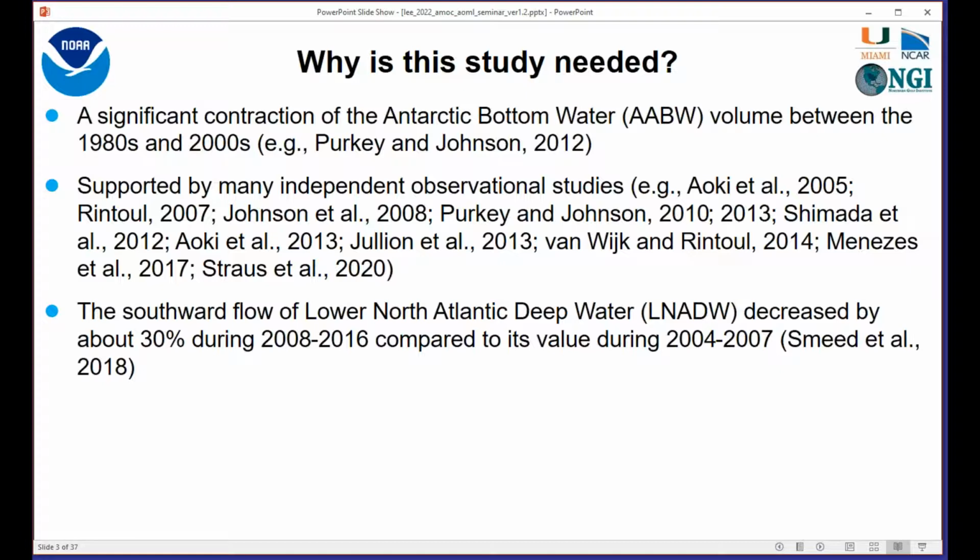And for the North Atlantic, we have this very nice paper, Smeed et al. I know that Chris Meinen and Molly Baringer were co-authors in this paper.